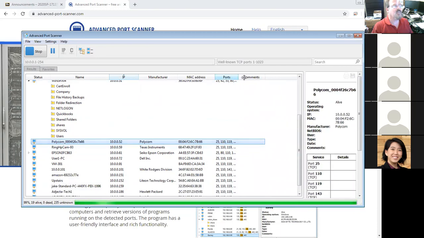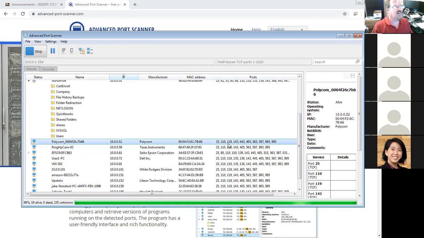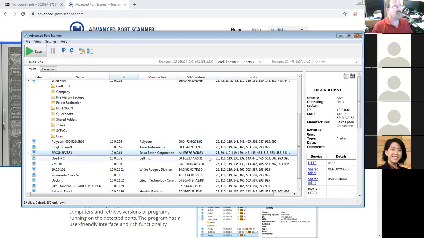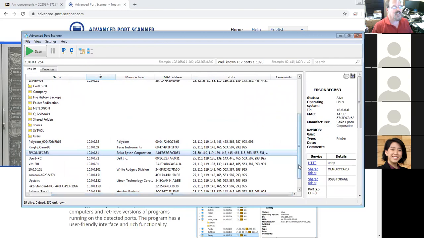Here's the port list. The port list can be huge, by the way. There's a printer that I can access on port 25, 80, 110. So all these different ports may or may not be available to access it. But you see how powerful these tools are?